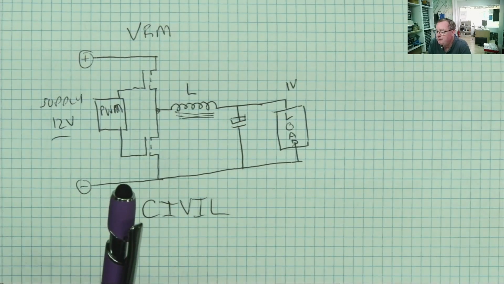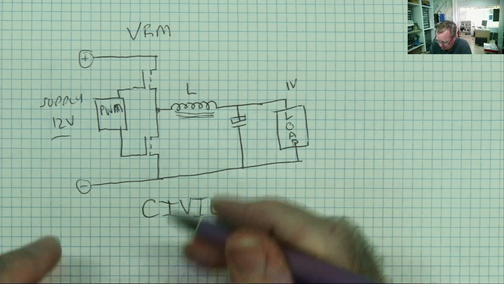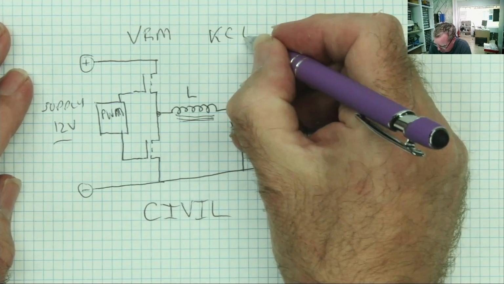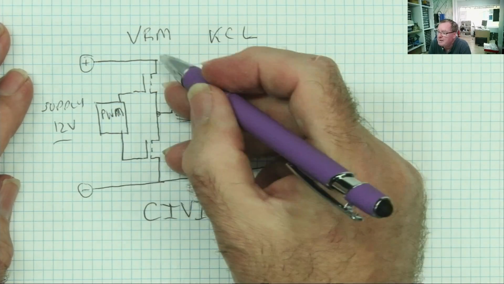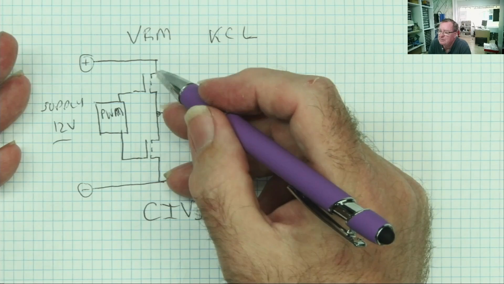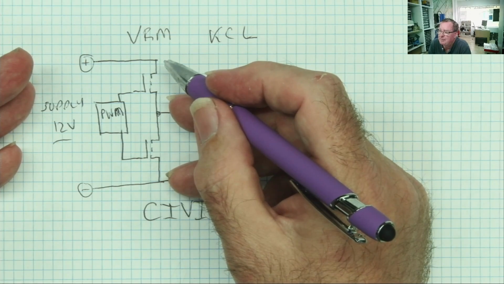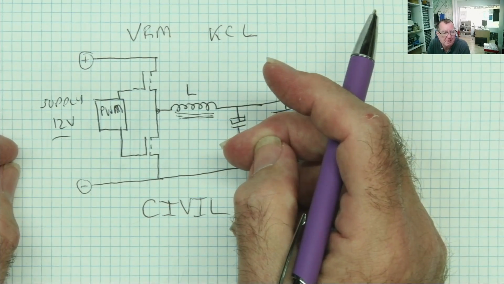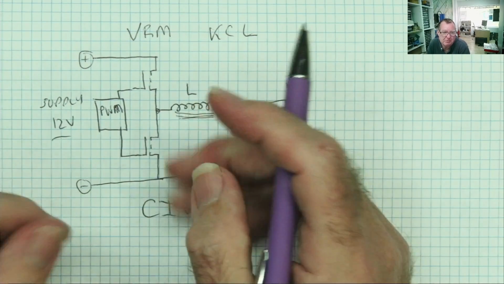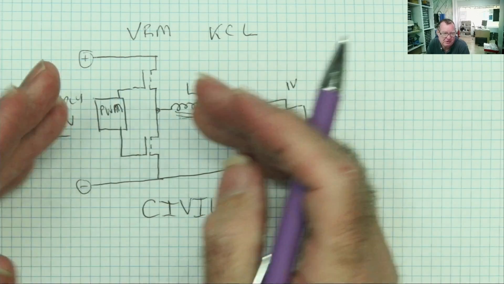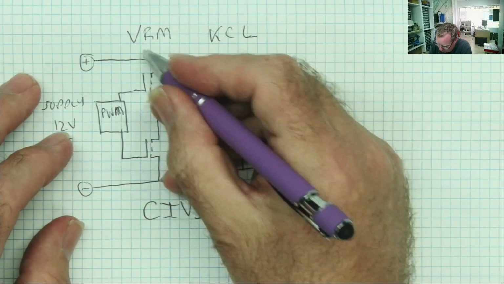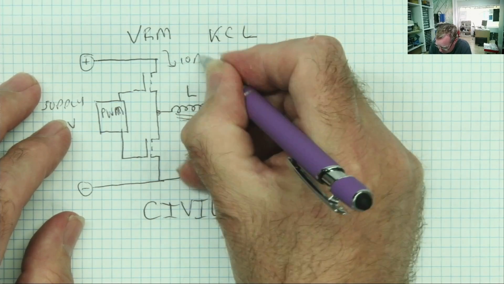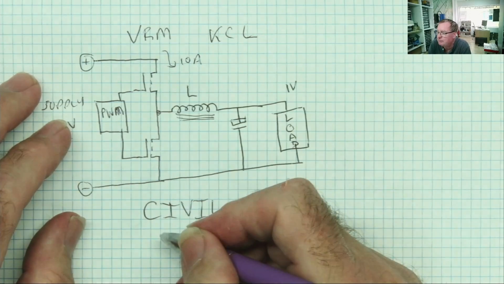Now look at this from Kirchhoff's point of view. Kirchhoff's current law. Let's say we have 10 amps coming in. This load is taking 120 watts, thereabouts, allowing for efficiency and losses. Let's say the current flowing into the inductor is 10 amps, so we have 10 amps flowing down through here.